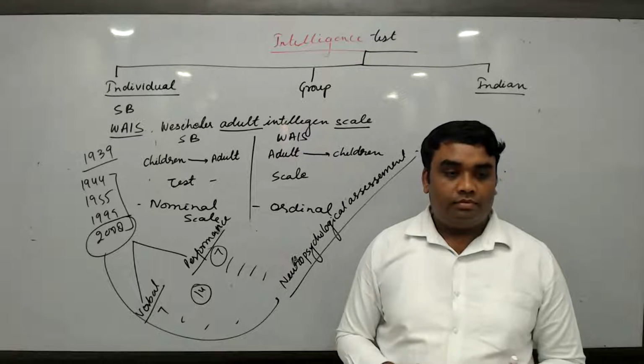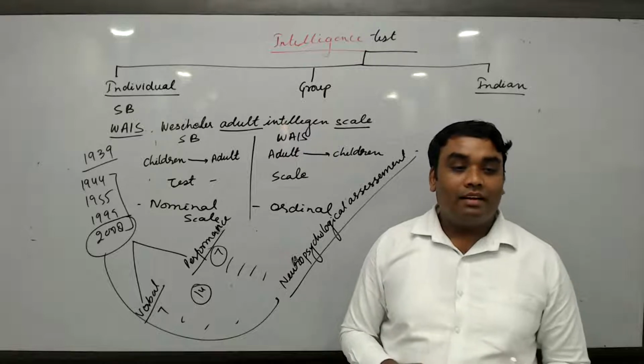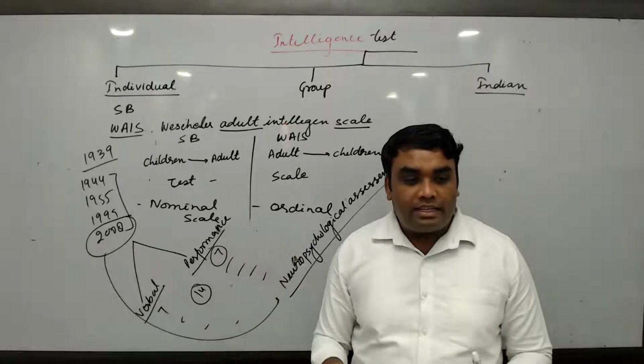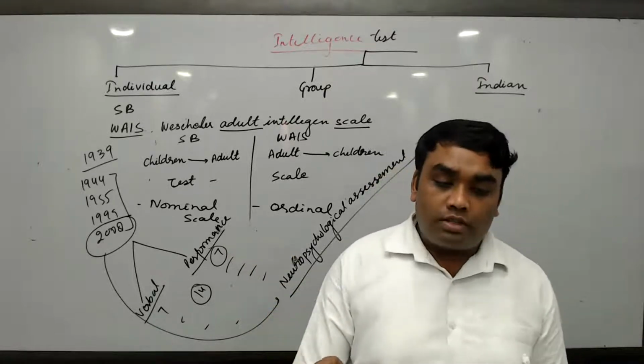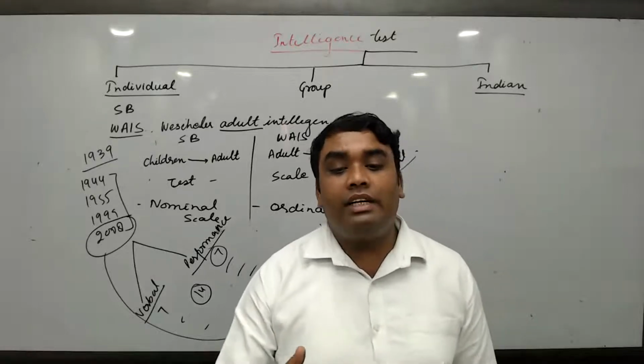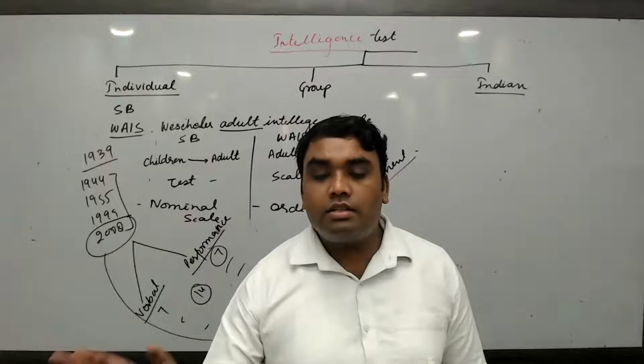If you want to write differences also, the difference is given. So what will we write about Wechsler? The Wechsler test was made mainly for adults, but later it shifted toward children's ability.